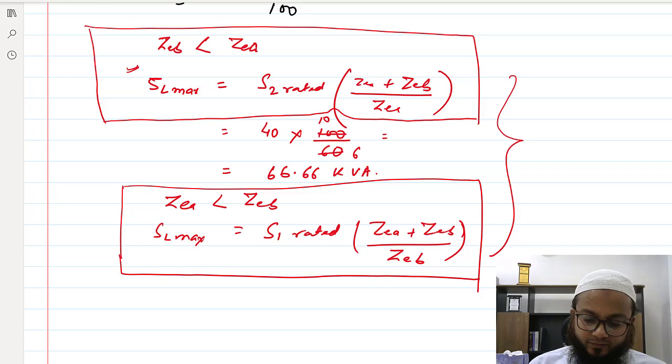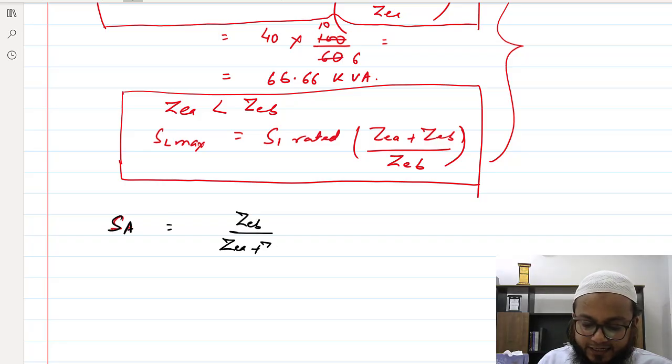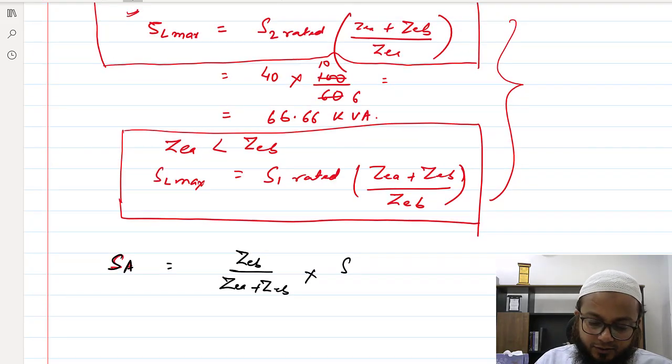So let's say in this case, we have calculated 66 kVA as the maximum load which these two transformers can actually cater. So just try to find what would be the load distribution now for transformer A and for transformer B. So obviously for transformer A, it would be ZEB upon ZEA plus ZEB into SL, right?